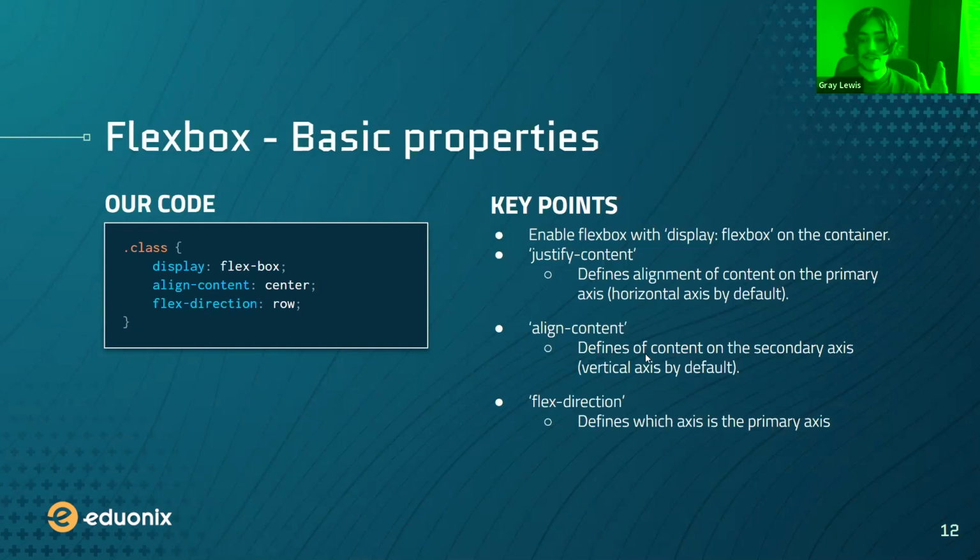And then align content is going to define the way that content is laid out on the secondary axis. So in this example, the align content property would determine how this box's children were aligned on the vertical axis. And then yes, flex direction defines which axis is the primary axis.